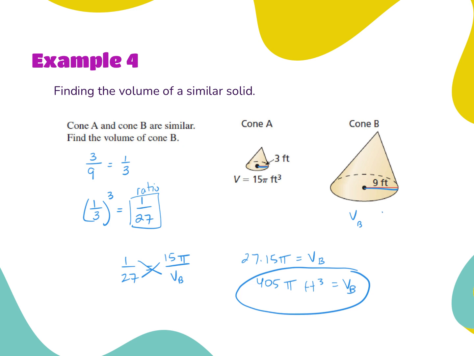So it is 405 pi compared to 15 pi, and it's basically going to be 27 times bigger than 15.